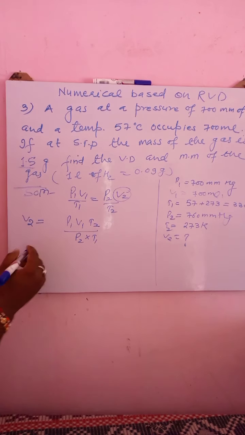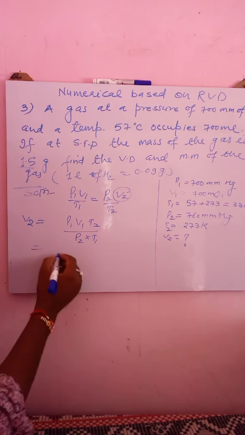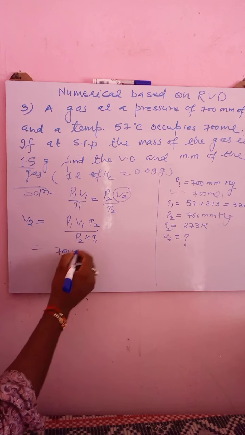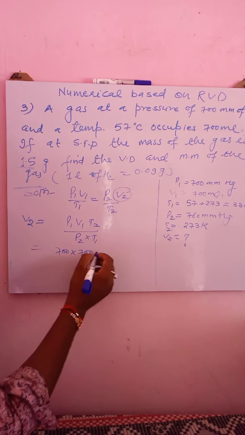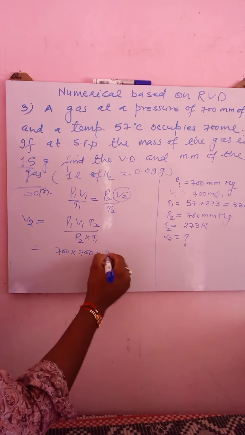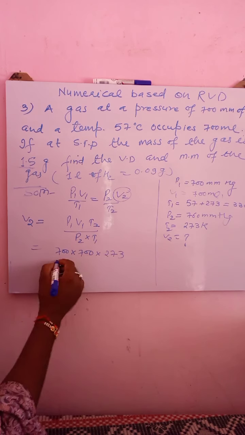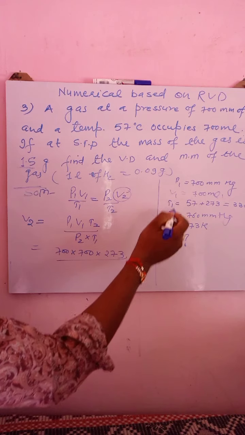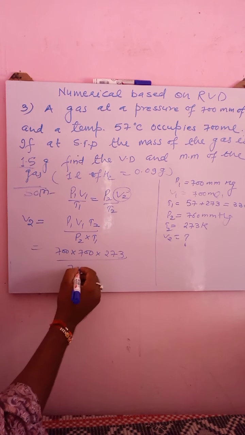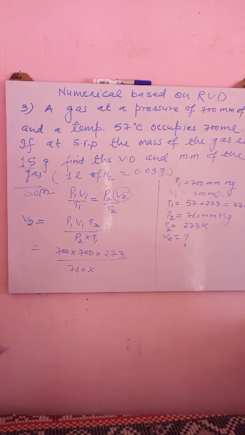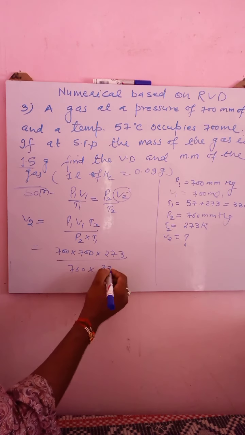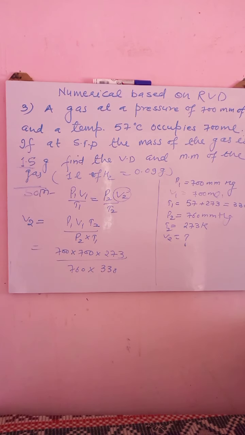Now put the values in the formula. P1 is 700 into V1 is 700, T2 is 273, divided by P2 which is 760 into T1 which is 330 Kelvin.